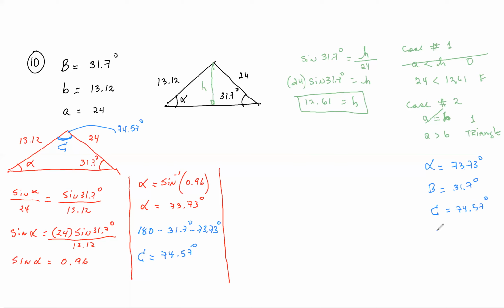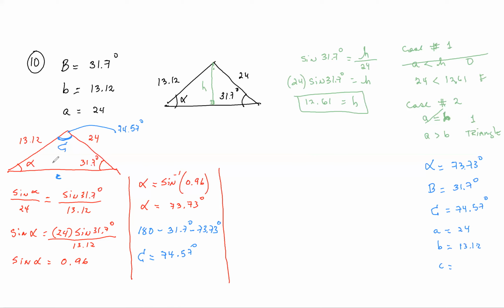We know the side a, that's 24. We know b, that's 13.12. C is missing. Okay, this one is c.